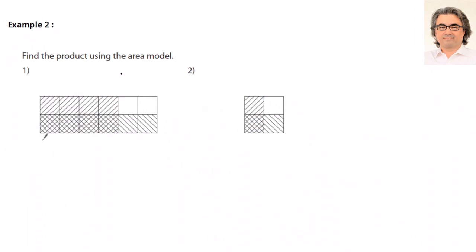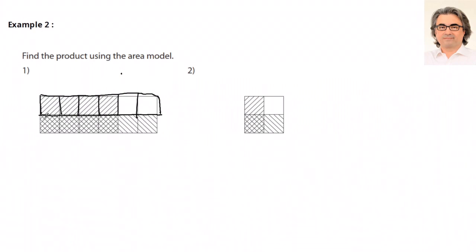Now I have a huge rectangle here, and this rectangle is divided into 6 plus 6, 12 equivalent squares. And follow me, I have this rectangle divided into 6 equivalent squares and 4 of them were colored as you see.